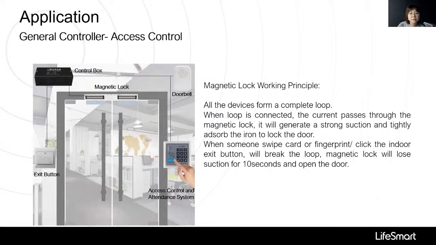If someone swipes a card, uses a fingerprint, or clicks the indoor exit button, it will break the loop, and the magnetic lock will lose suction and open the door. This is the working principle of the access control system.